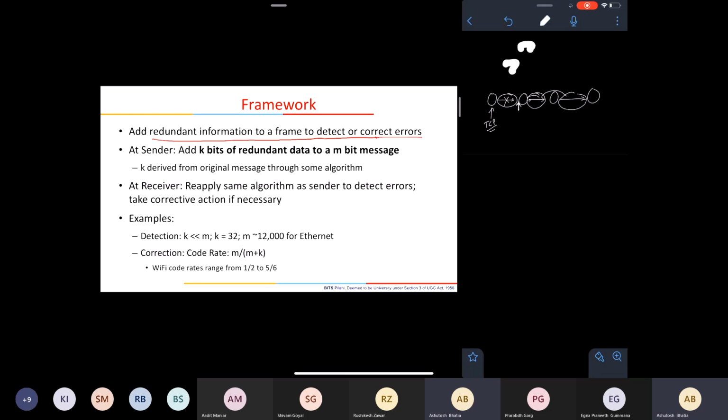You add something redundant. For example, it is just a joke: let's say you are going on a bus, and you asked for 2 tickets. The conductor said, why are you asking for 2 tickets?